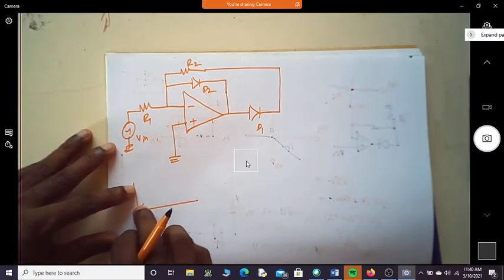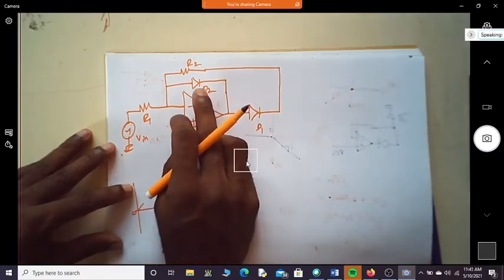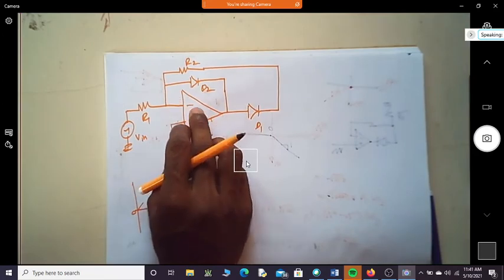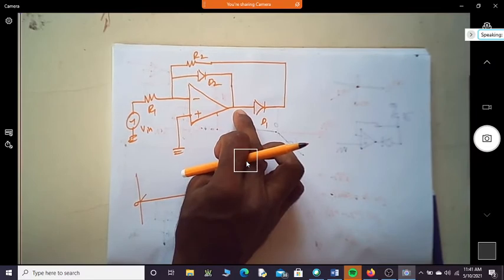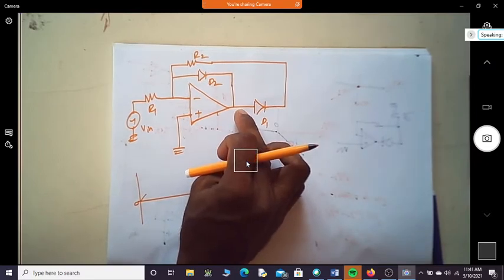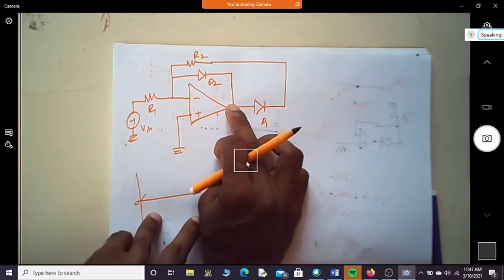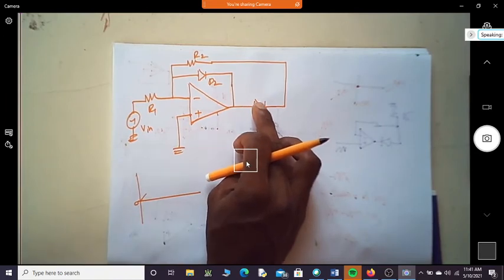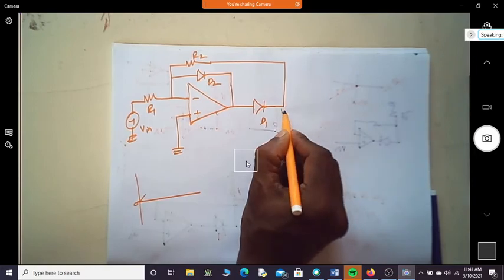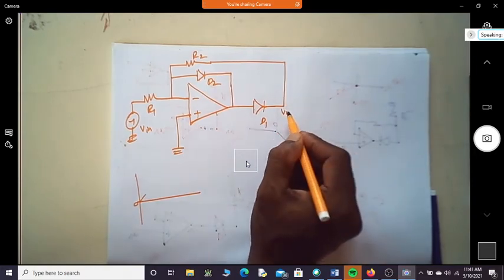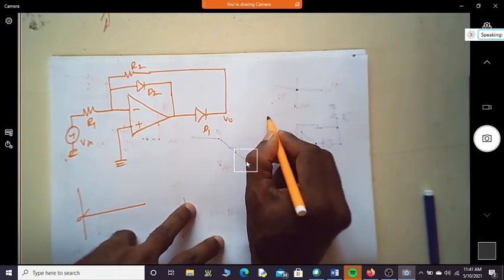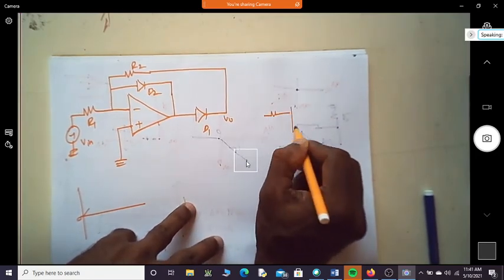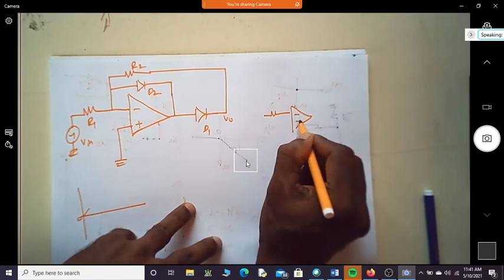If the input voltage is slightly greater than zero, will it be like minus V sat? Because now we can see when it is minus V sat, is this off? If this is off, then what is the output voltage? When it is open circuit, shall I write this as my circuit diagram? Let me write the equivalent circuit.